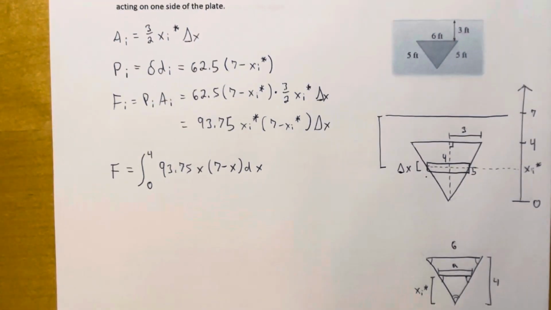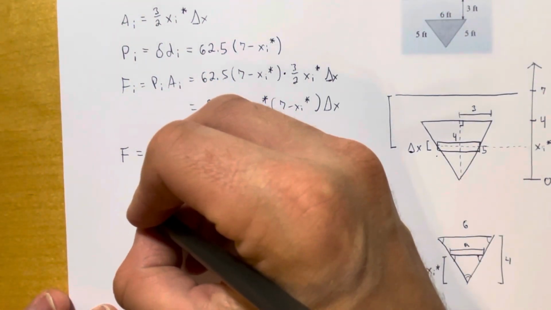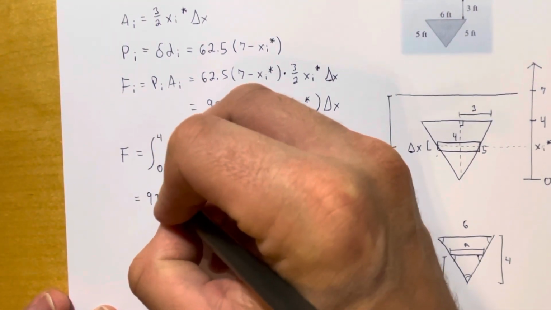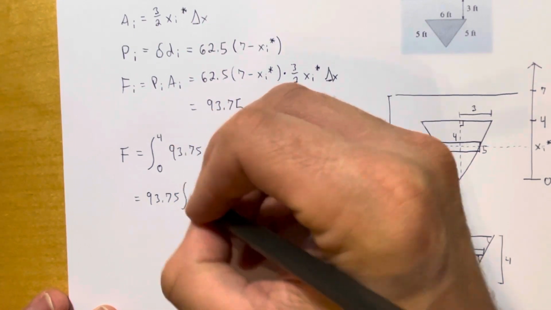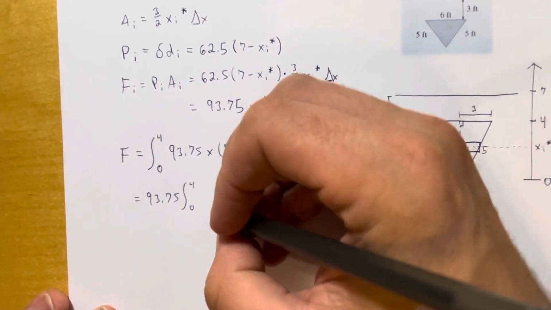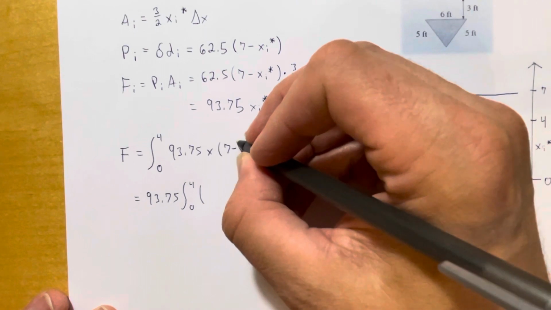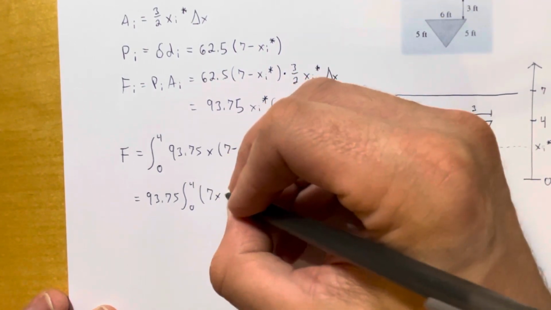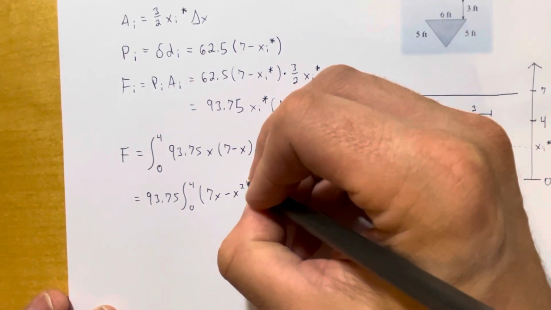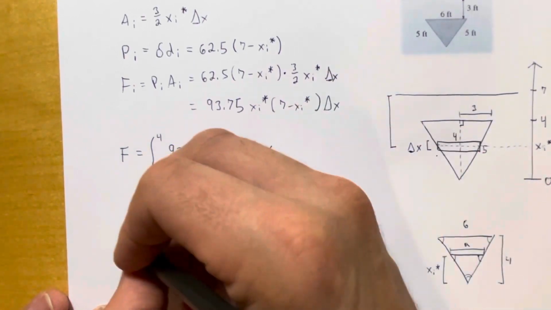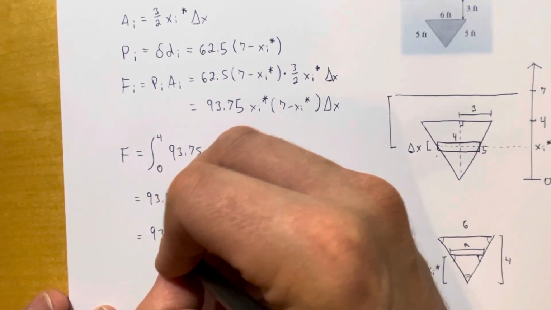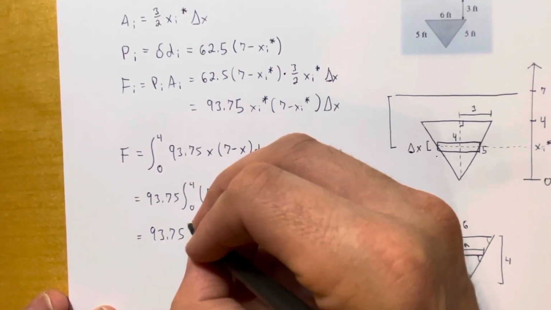And now we have an integral that's fairly straightforward to solve. So I'm going to get 93.75. I can bring that out of my integral, 0 to 4. Let's multiply the x into the parentheses. So I get 7x minus x squared dx. This becomes 93.75.